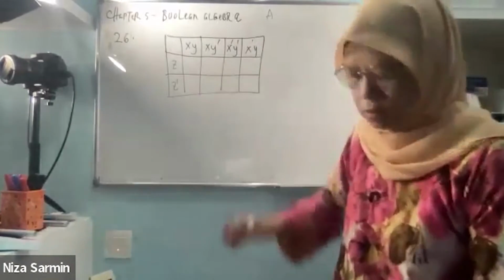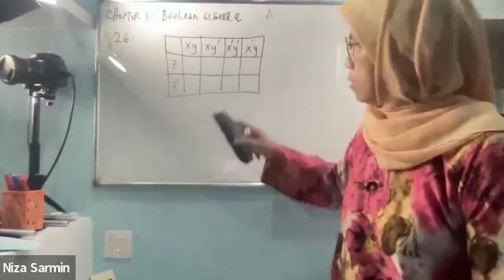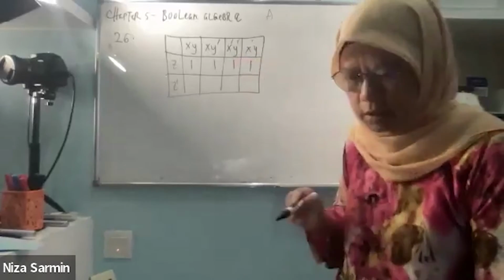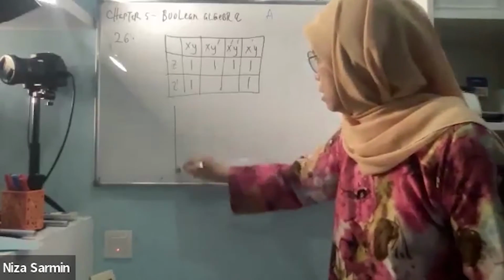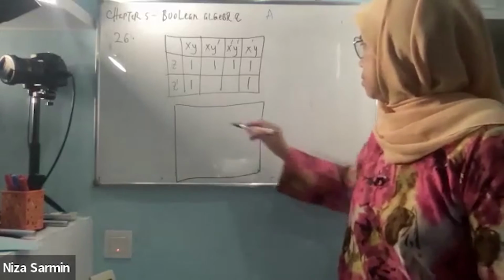There's a one. Oh no, this is 4. Okay, let me do this. 1, 1, 1, 1, 1, 1. Okay, there's another one to do before we stop.